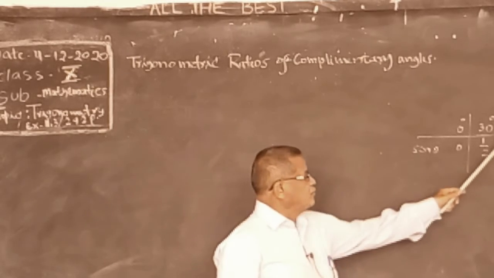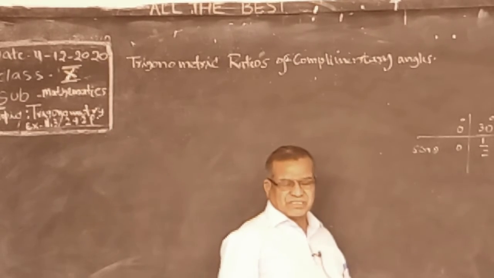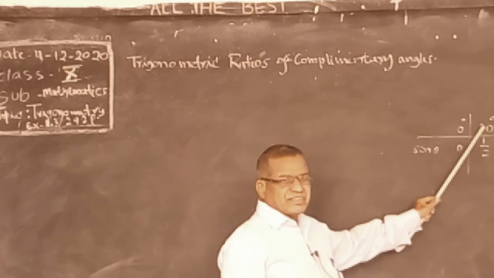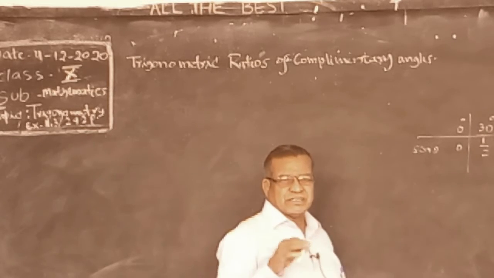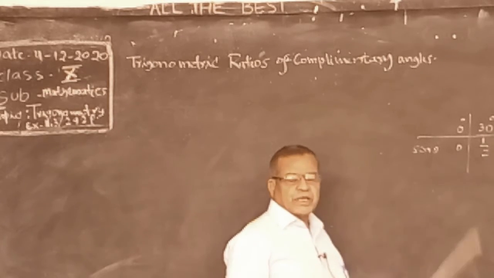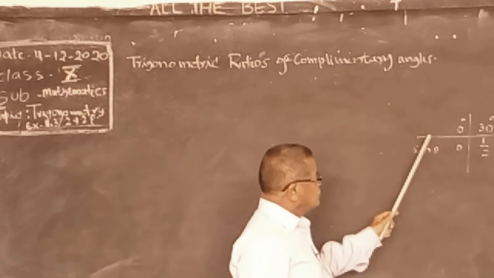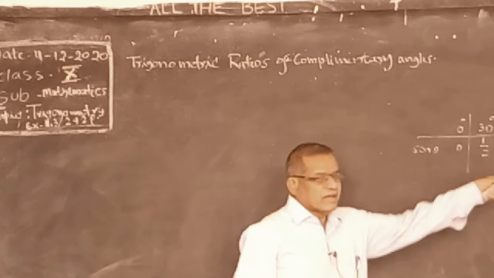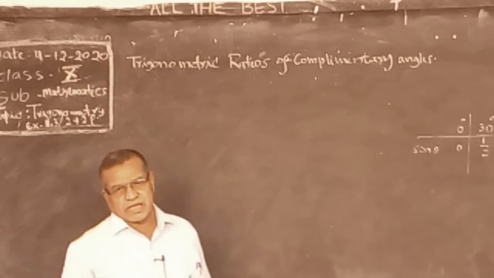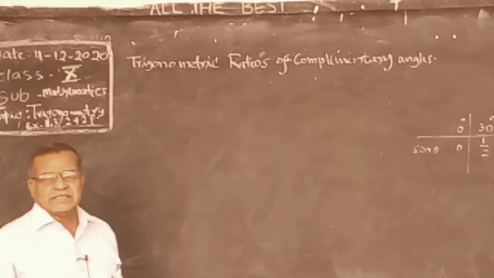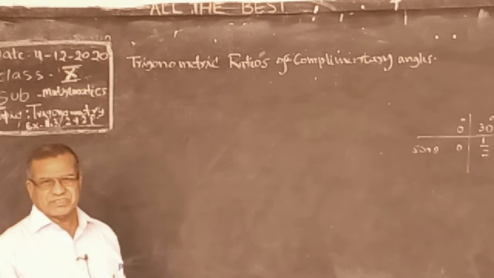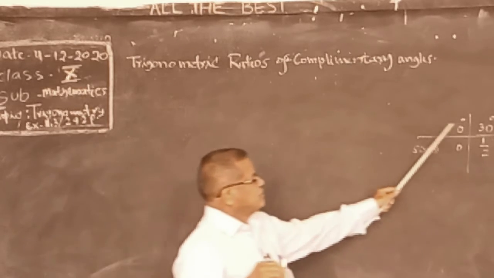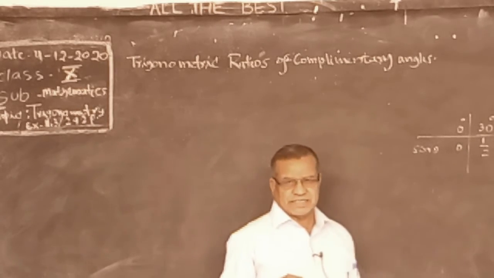And from 30 to 45 also we have values for every angle, 31, 32, 33 degrees, 40 degrees also we have. So from 0 to 90, not only these are having values, all angles are having values, but it is difficult to remember. That's why they are called specific angles, special angles.